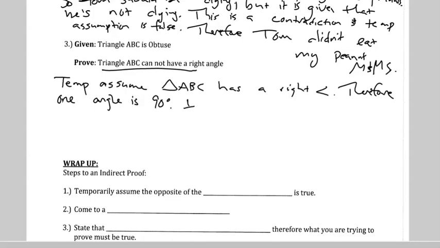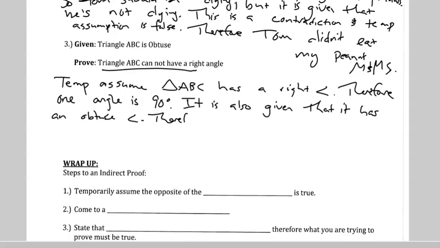What is also given? It is also given that it has an obtuse angle. Therefore, it has an angle greater than 90 degrees.